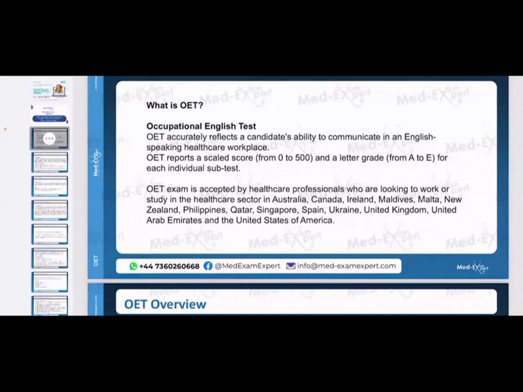You will be evaluated for all of these subtests separately. If you are scoring 450 to 500, then definitely you can ace this module and you can achieve your desired grade and apply for your desired destination.